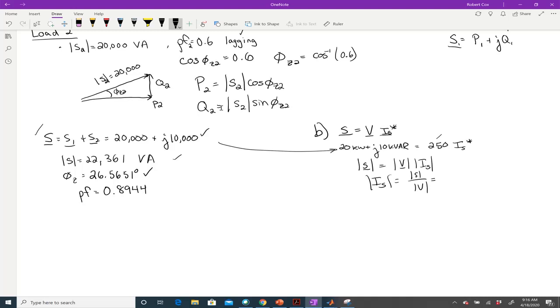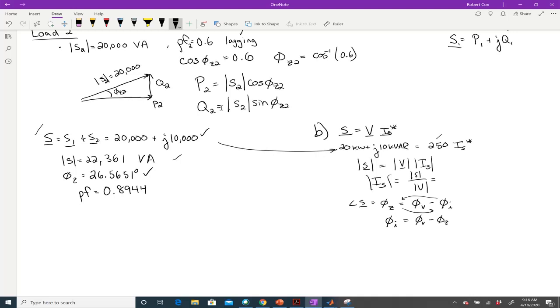Angle-wise, the angle of S, which is the impedance angle, is equal to the angle of V minus the angle of I. So from this, the angle of I needs to be the angle of V minus the angle of Z. I'd bring phi I over here and phi Z over there, and I would have solved for this.